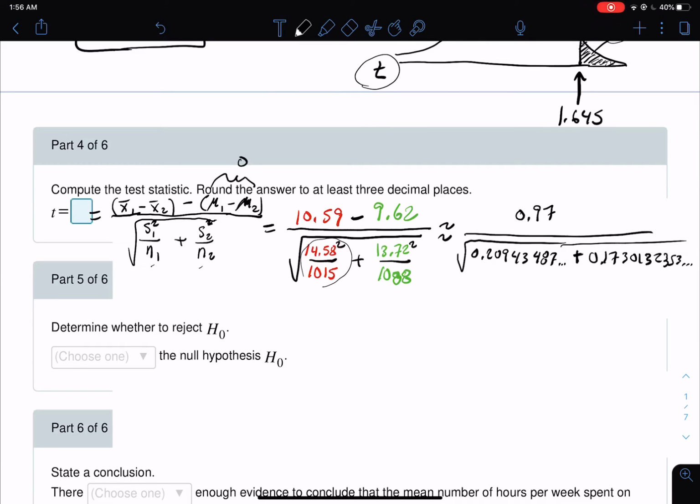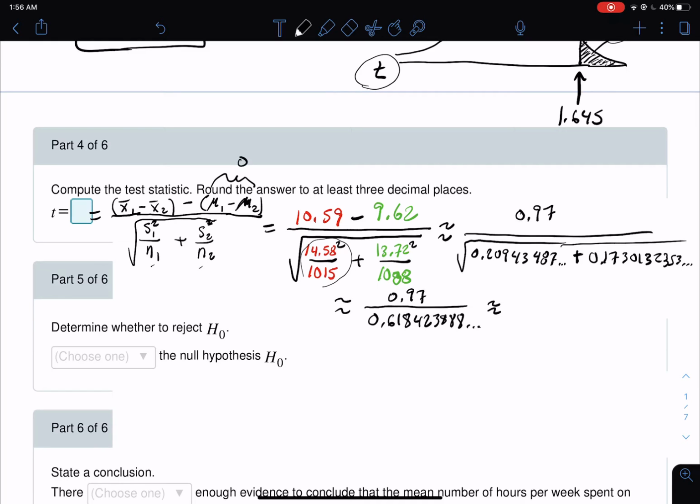Let's see, I showed you a little bit more on this one. Up top you still have the 0.97. Down below you've got 0.618423888.